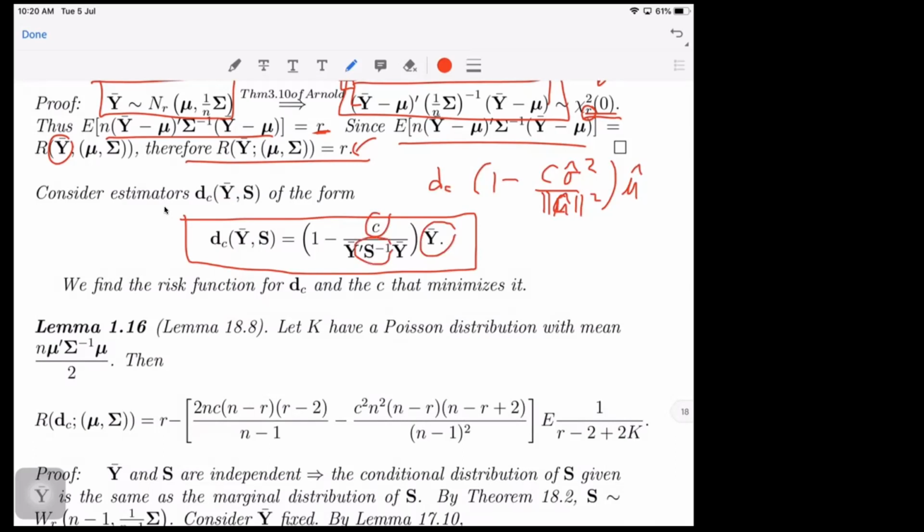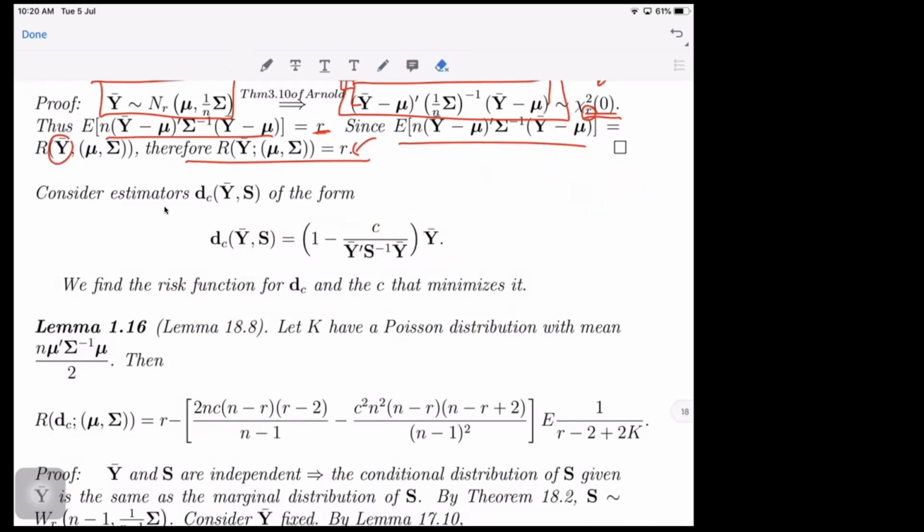Okay? So actually it can be at the top, but we can put it at the top there because that is just a scalar. But in this case, we will use the y bar prime S inverse y bar. Are you following? It is at the bottom. In the univariate case we put it at the top because this is just a scalar.